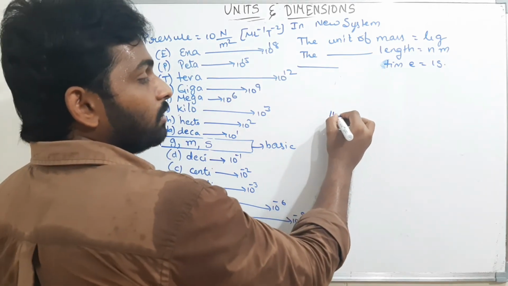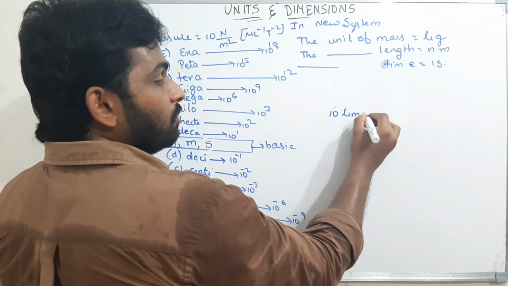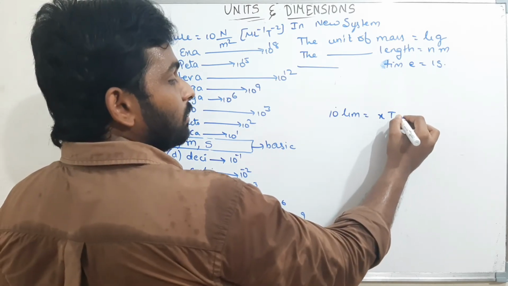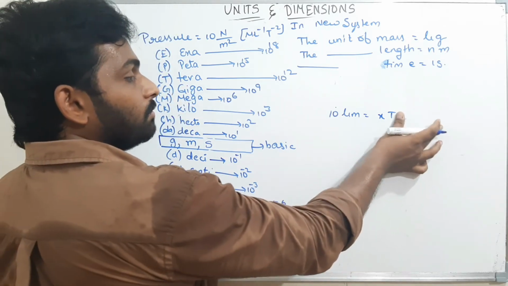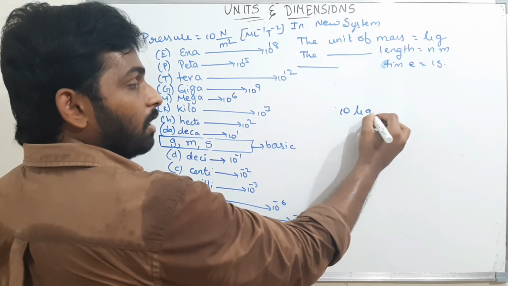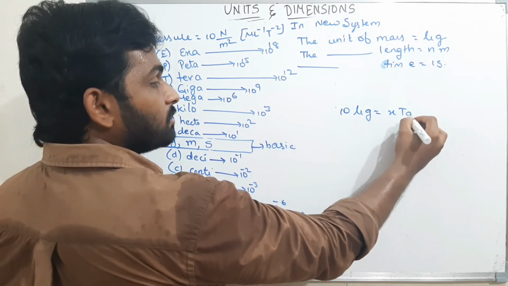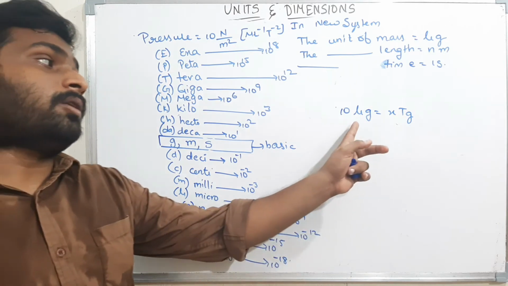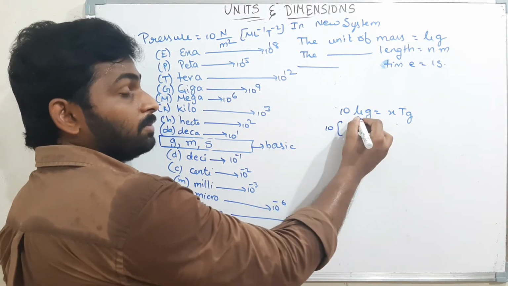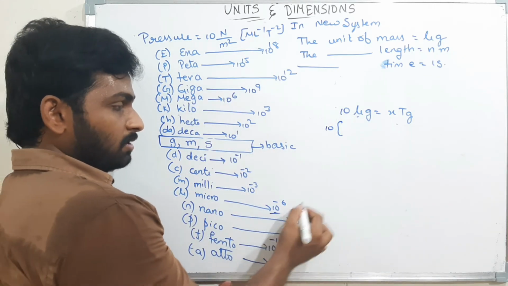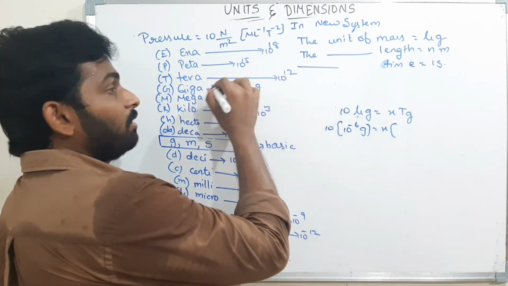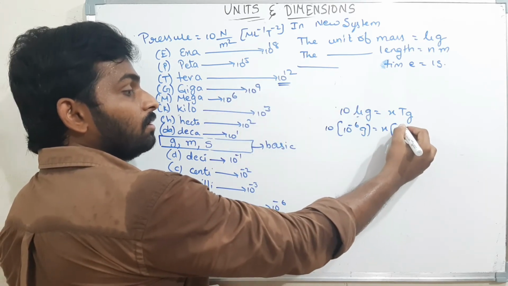Now they told us to find: 10 micrograms is equal to how many teragrams? 10 into microgram: micro means 10 power minus 6 grams, so 10 times 10 power minus 6 grams is equal to x into tera, which means 10 power 12 grams.